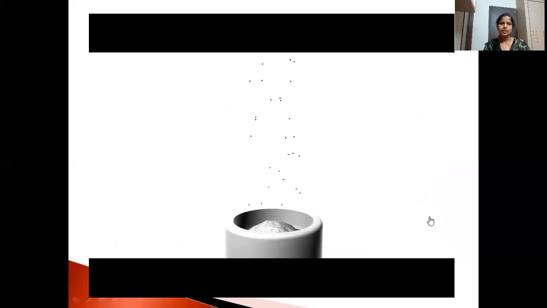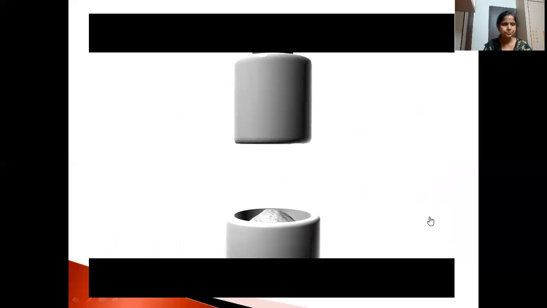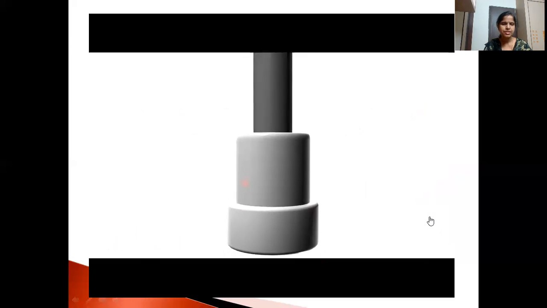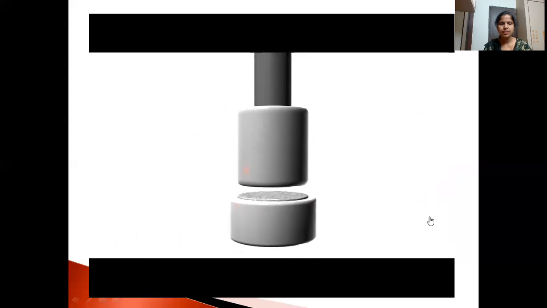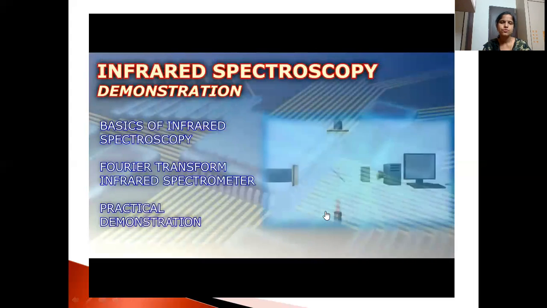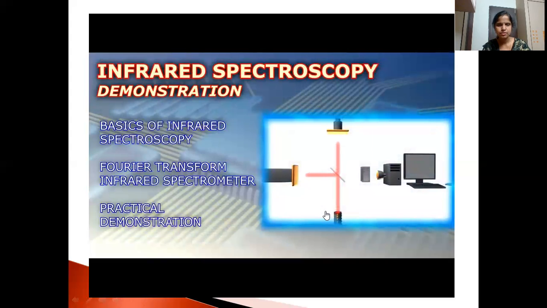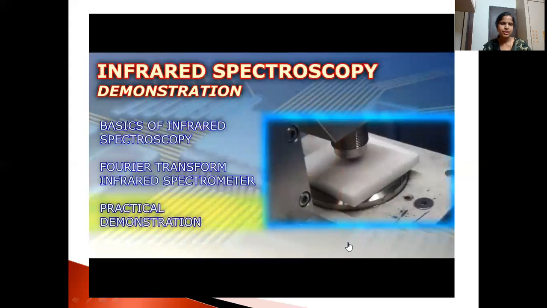The other type is the powder form, where the powder is pressed and converted into pellets. These pellets can be used as the sample where the IR radiation falls, and then we can record the spectrum.